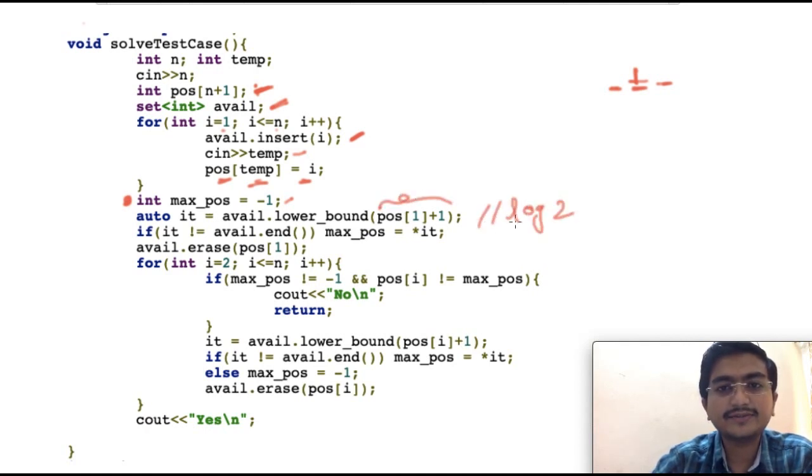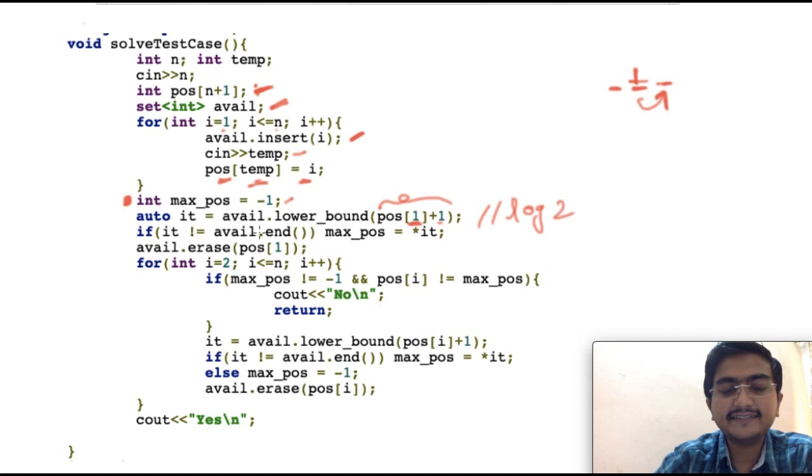And why so? Because the position of 1 plus 1, the next element after 1, should have the maximum probability in the first case. That's why plus 1. And lower bound will return the element which is available and greater than or equal to this value.